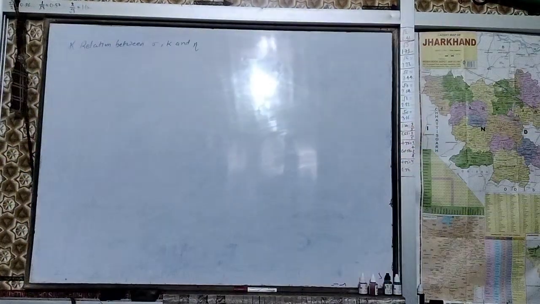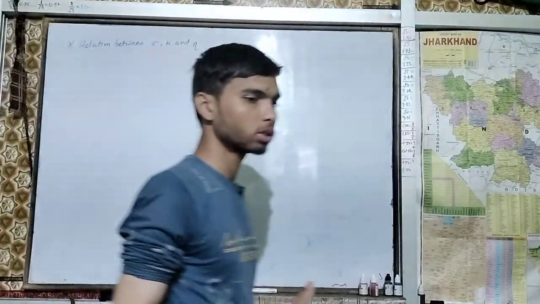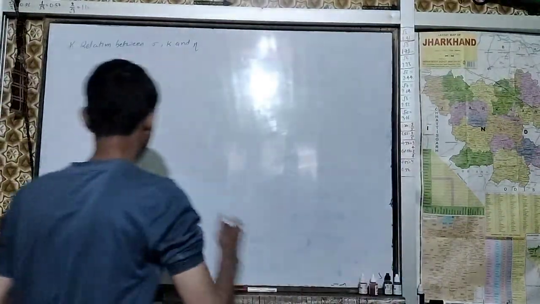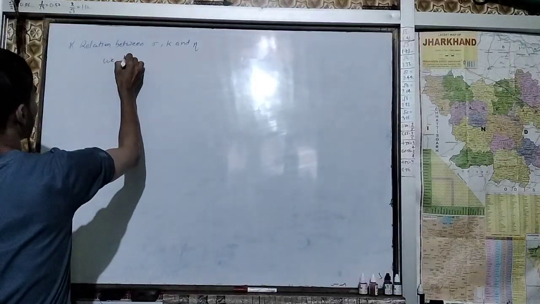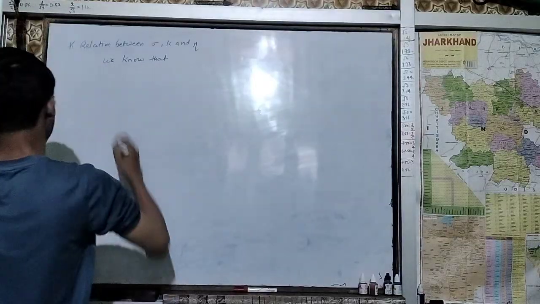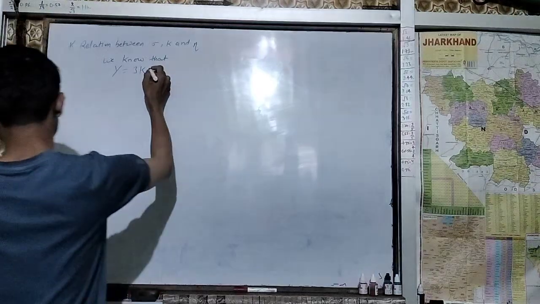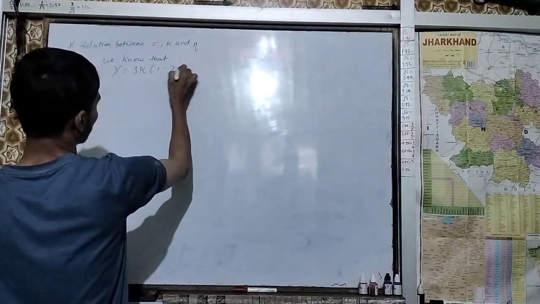Look, you have to take the first two relations. For example, we know that Young's modulus is equal to 3 times bulk modulus times 1 minus 2 Poisson ratio.